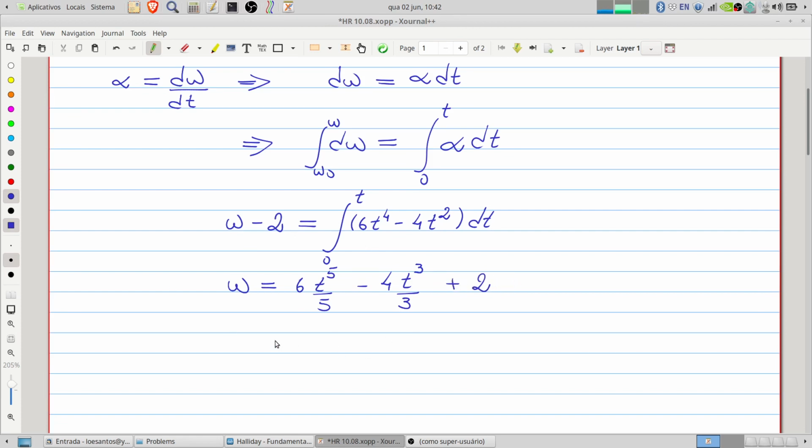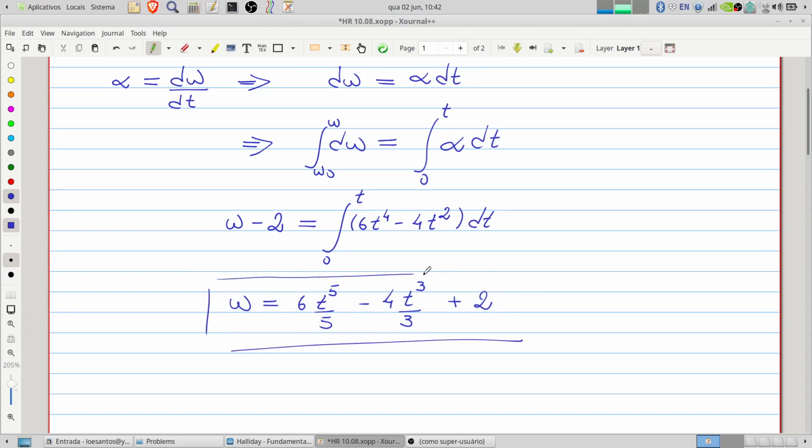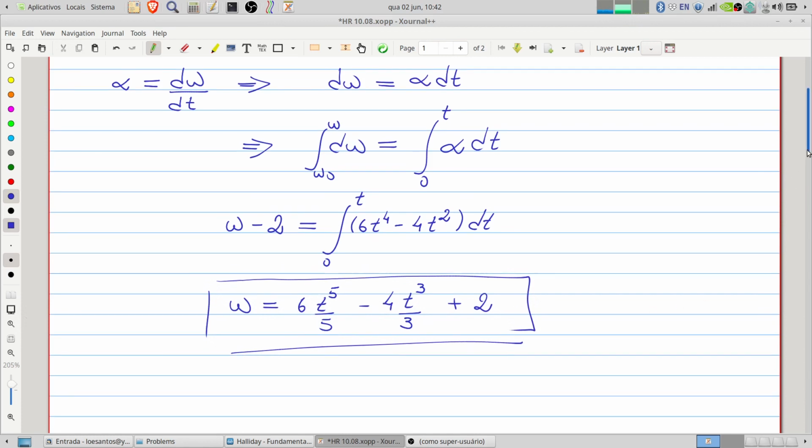Okay, here we have the angular velocity as a function of time.